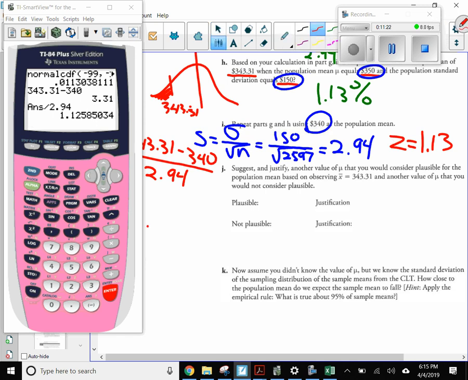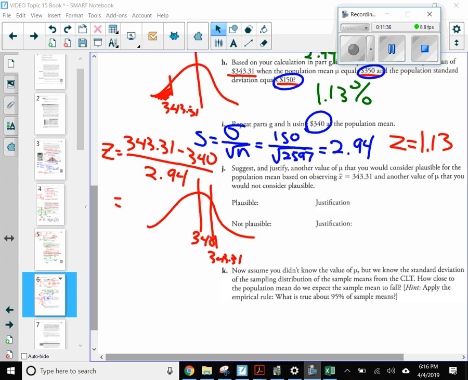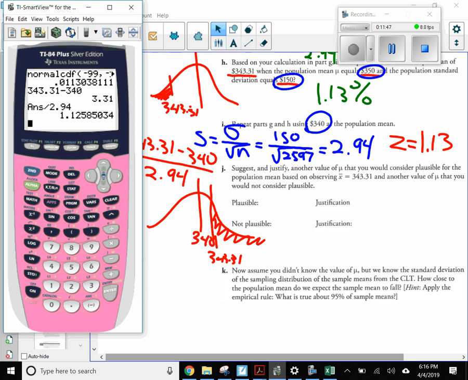So I'm trying to find the probability, I'm going to write over here. Now this is now 340. Here is my 343.31. So I'm looking for the probability that I would have at least 343.31, so that or greater. So I go back to my calculator, second distribution, normal CDF.